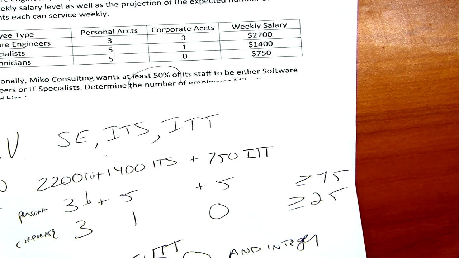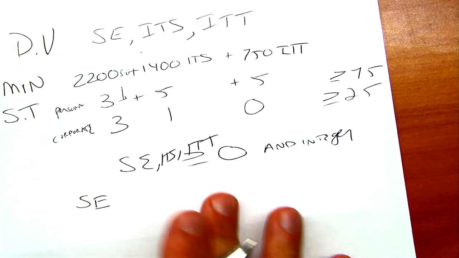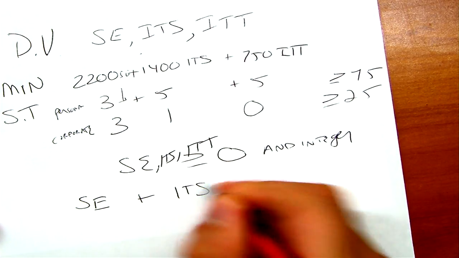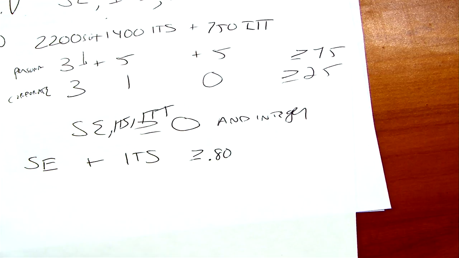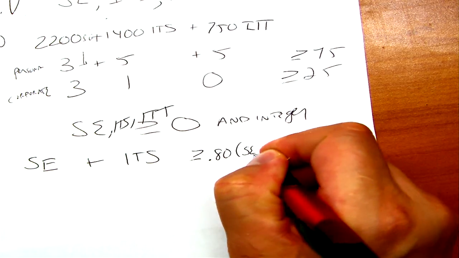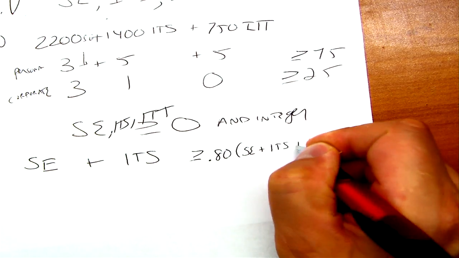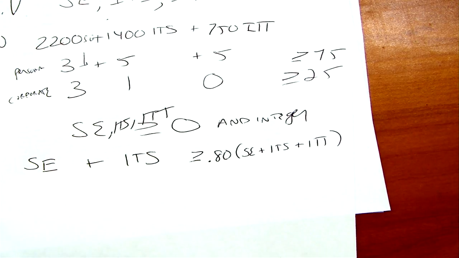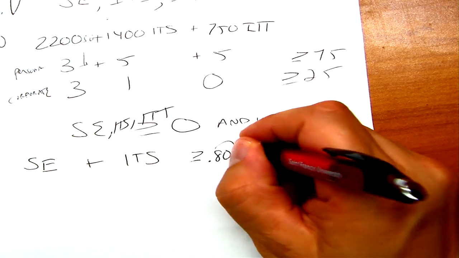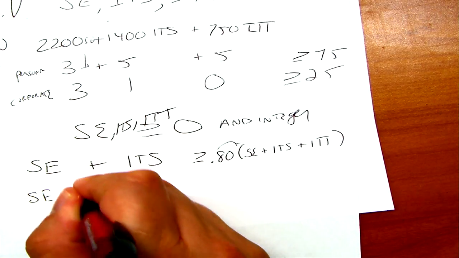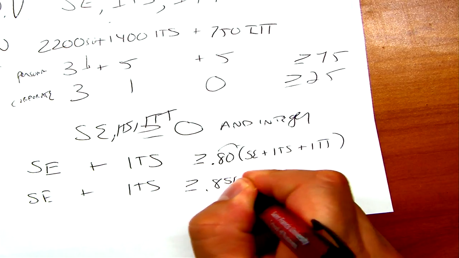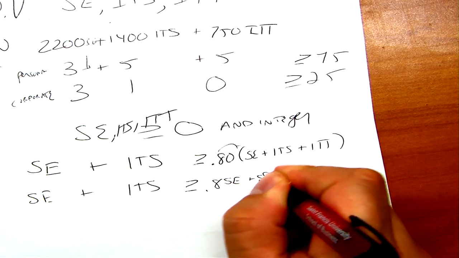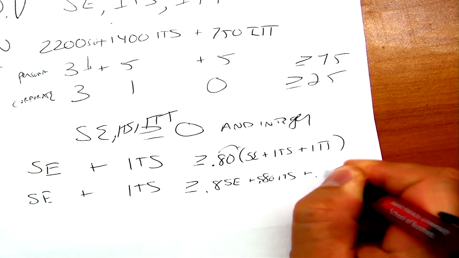So I want SE plus ITS to be greater than or equal to 80% of the total. And what's the total? It would be SE plus ITS plus ITT. I want to distribute this. So SE plus ITS is greater than or equal to 80% of SE plus 80% of ITS plus 80% of ITT.